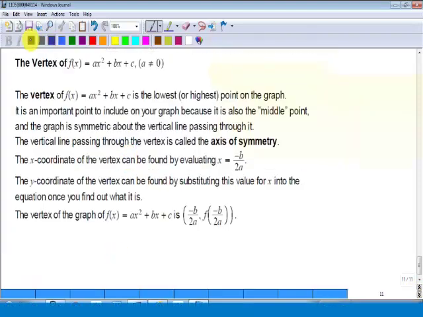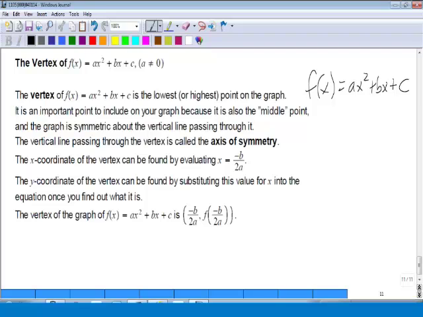If you begin with f of x equals ax squared plus bx plus c, and you complete the square, what would have to happen? You factor out the a, and you're staring at x squared plus b over a times x. You cut the b over a in half. You get b over 2a.